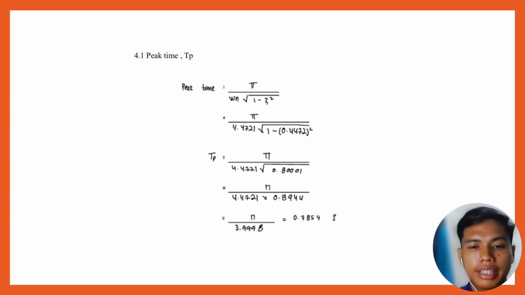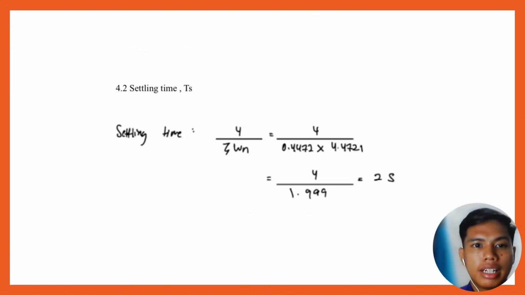We calculate and we get 0.7854 seconds. For the settling time, the formula we use is 4 over zeta omega n. We calculate and we get 2 seconds.